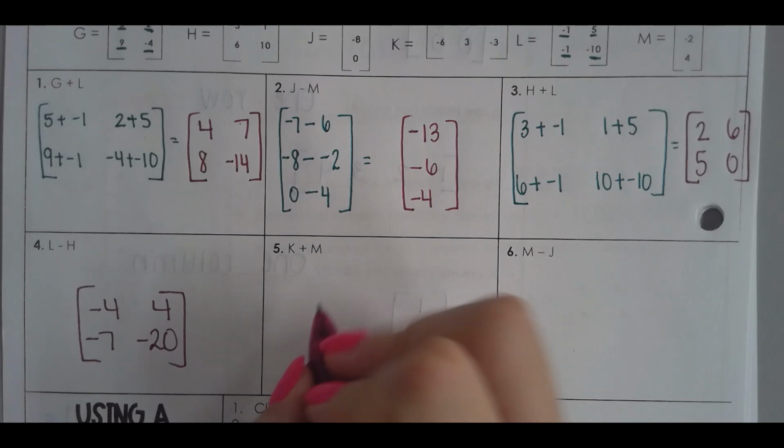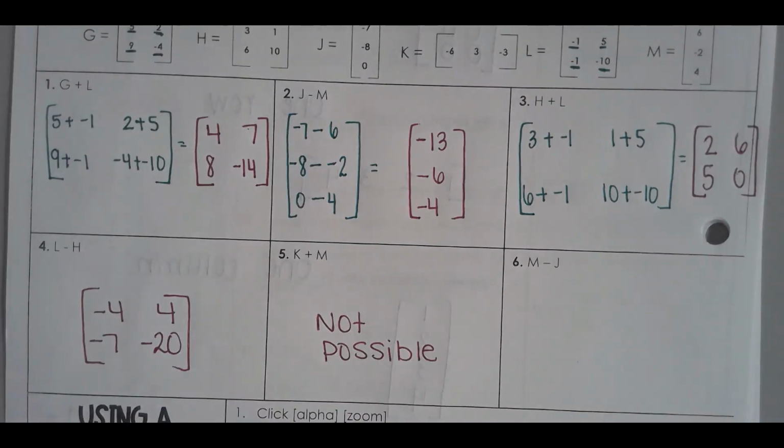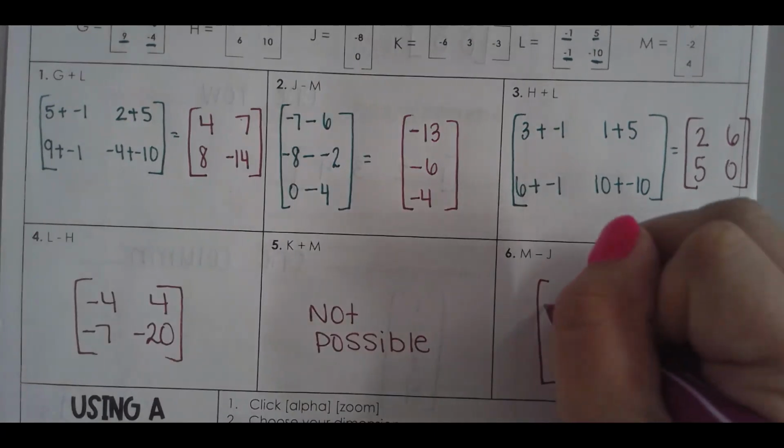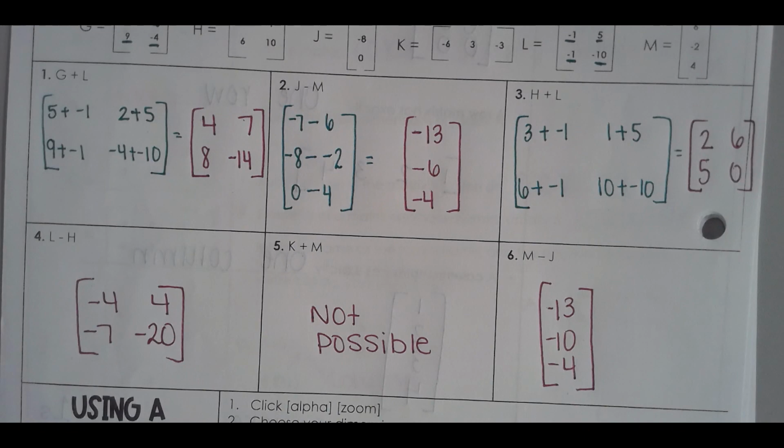All right. Number 6, Laren, was it possible? This would be a 3 by 1. What numbers are in the matrix? Negative 13, negative 10. Does that look right? Y'all disagree?